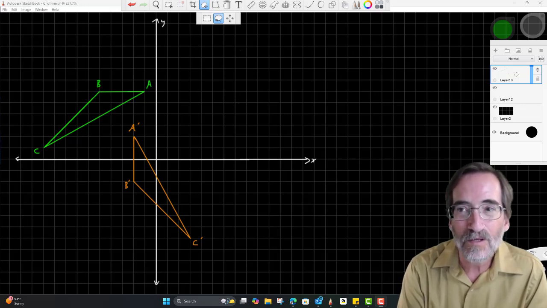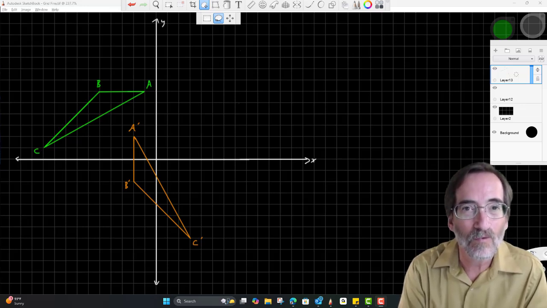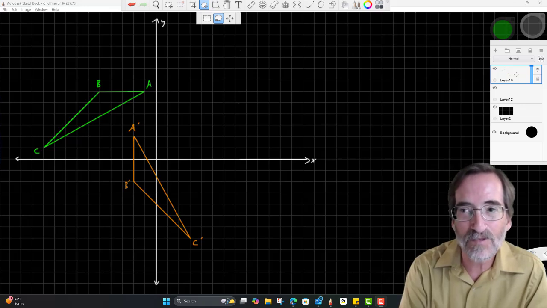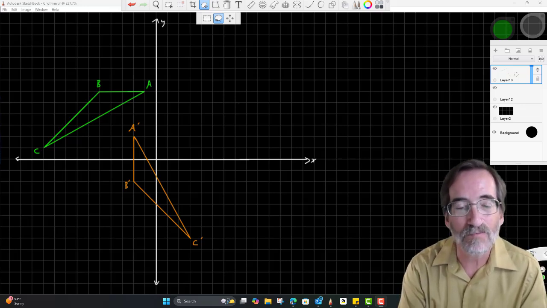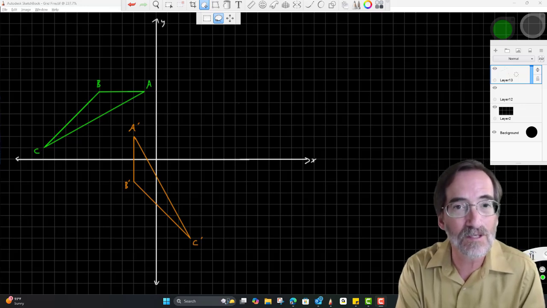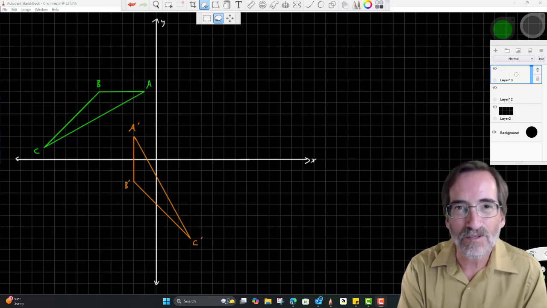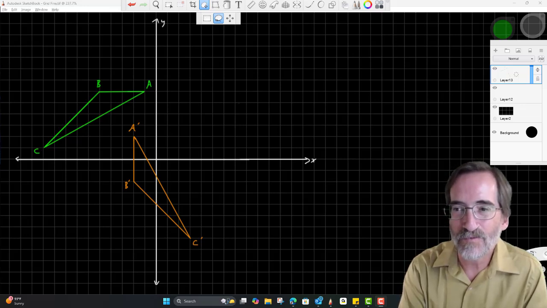Now I'm giving you the pre-image and the image, and we're going to come up with a series of steps of composite transformations that map A, B, C onto A prime, B prime, C prime, thus proving that A, B, C is congruent to A prime, B prime, C prime as long as we execute only rigid transformations, not including any dilations, which would cause a change in the size of the image. All right, so let's go ahead and see what we can do.